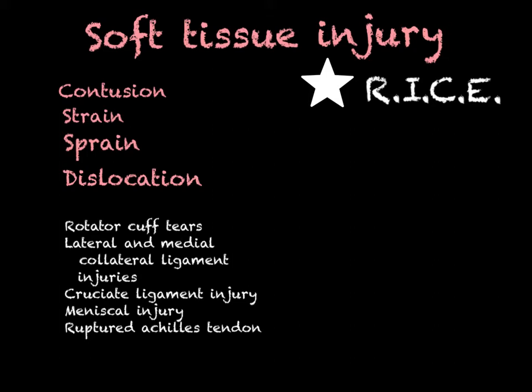Okay, so under soft tissue injury, back to our topic, we're going to start with contusion. A contusion is just a bruise. It's basically a collection of blood under the skin. We all know what black and blue marks look like, and usually they're caused by blunt trauma. For example, you're playing soccer without your shin guards.